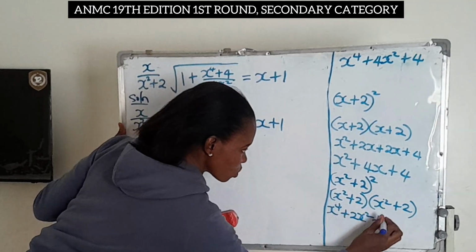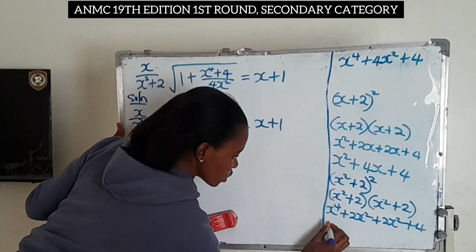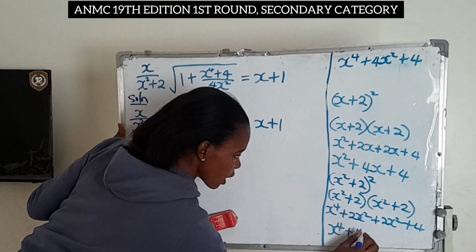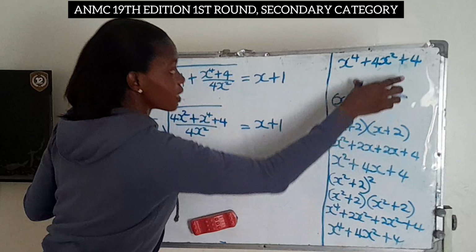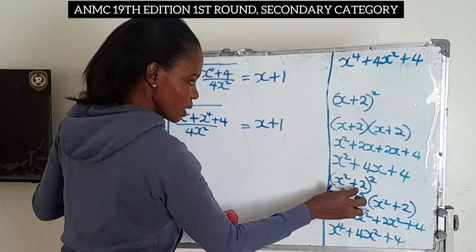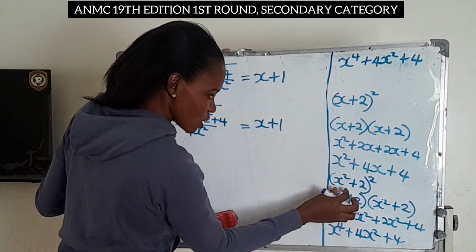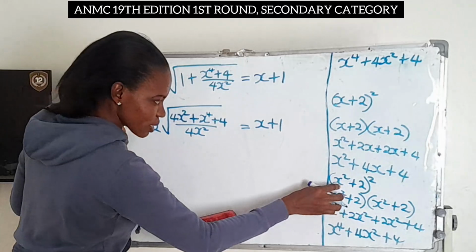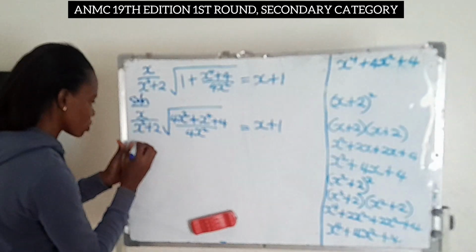This times this, plus 2x squared. And this times this will give me 4. This plus this will give me plus 4x squared plus 4. So you see, this is exactly the same thing as this. In other words, the whole of this term has the factorization of it to be this. So meaning that inside here I can replace it with this. Is that understood? Okay, so I'll continue.